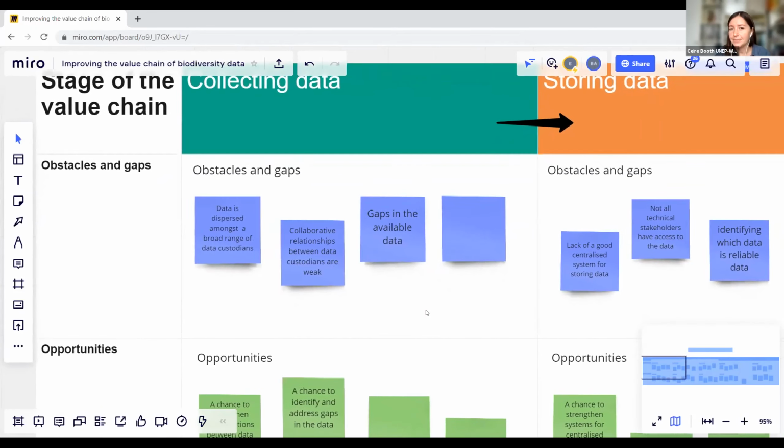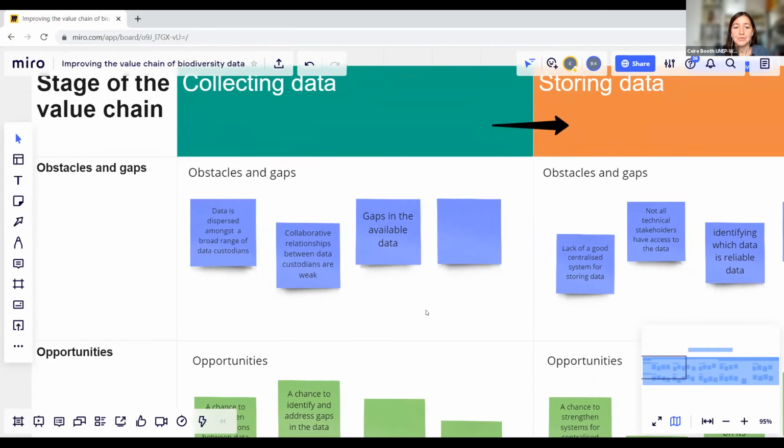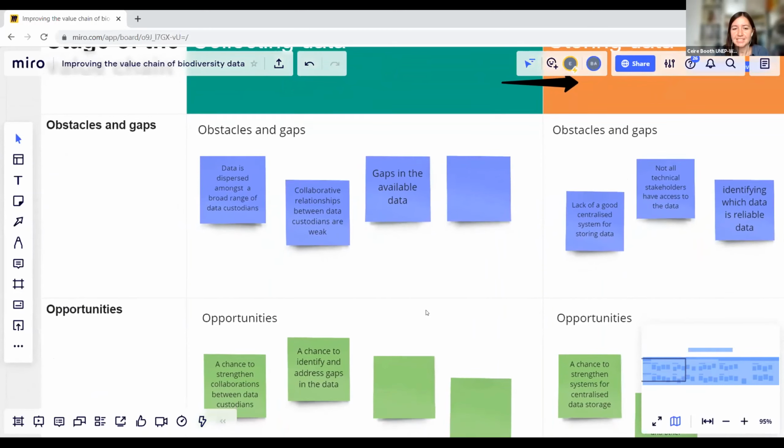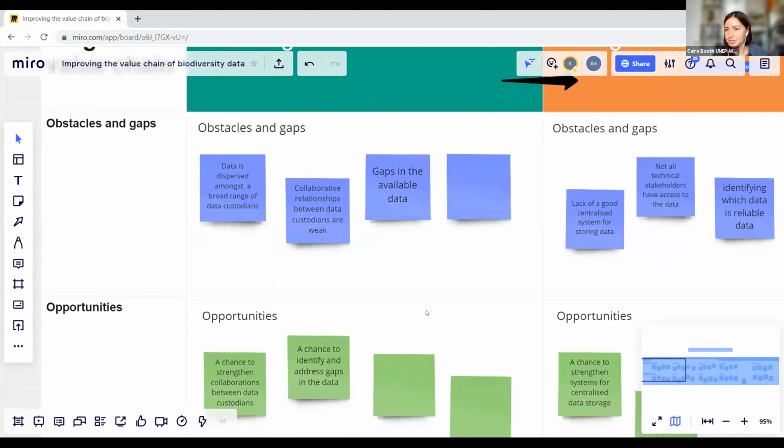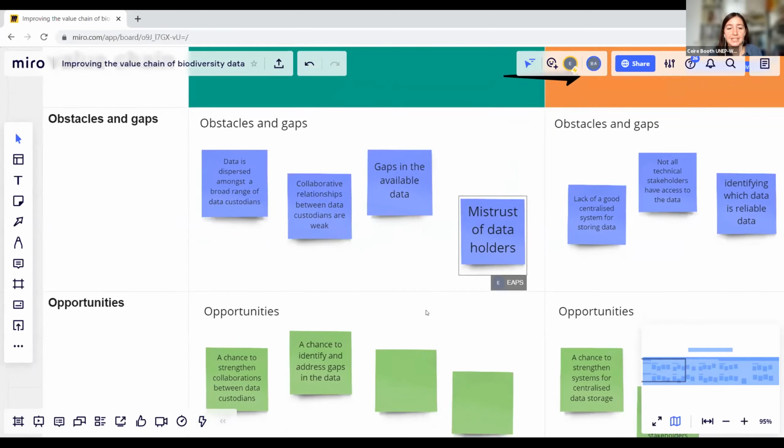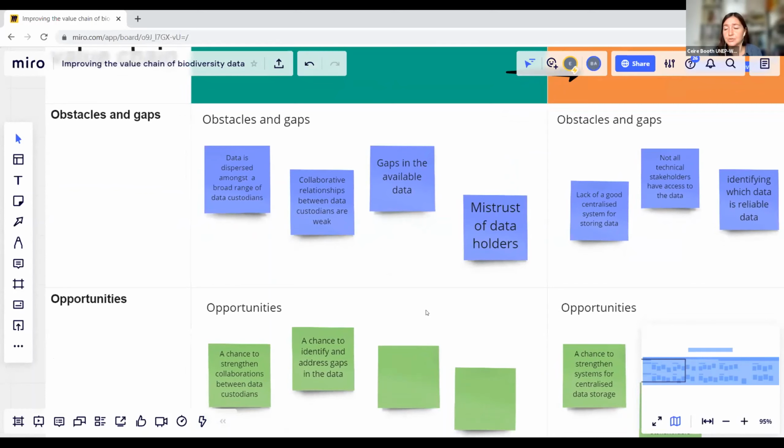Something, again, that has cropped up so far. I'll move straight down to the opportunities here, because one of the clear opportunities with noticing these gaps in the data is that this is a chance to fill those data gaps. It's also a chance to strengthen national networks or global networks between data custodians.